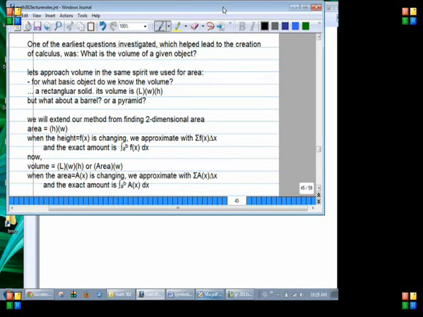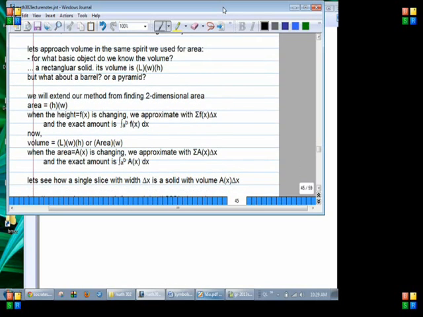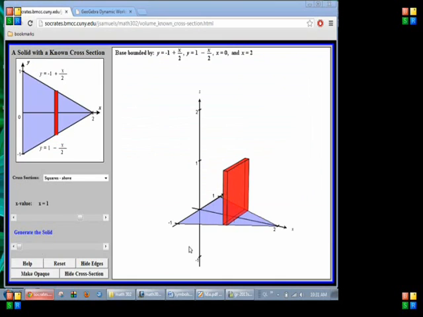Okay. That was a nice bit of logic, but we have to really understand this if we're going to use it in practice. So let's take a moment to see how a single slice with a width of delta x is a solid with a volume A of x times delta x. So what are we looking at right now?